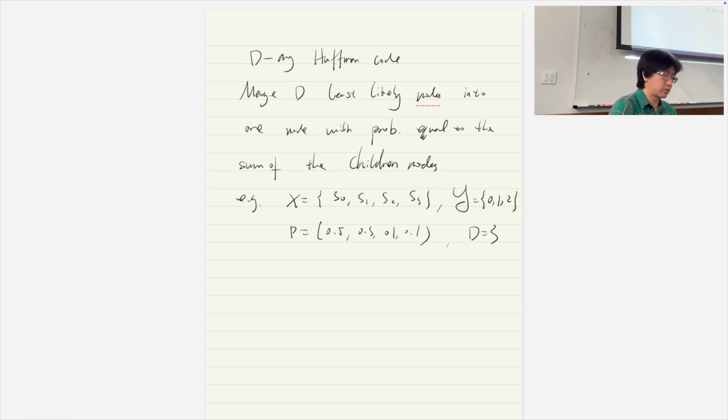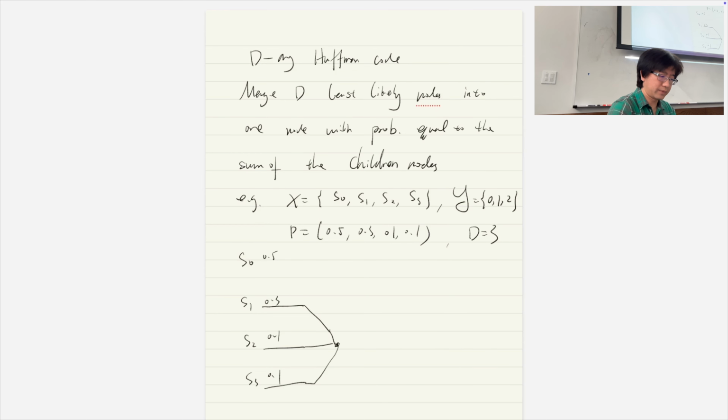Now let's construct our tree, same as before, with S0, S1, S2, S3 with probabilities 0.5, 0.3, 0.1, and 0.1. Now instead of combining the least 2, we combine the least 3, all of them together.